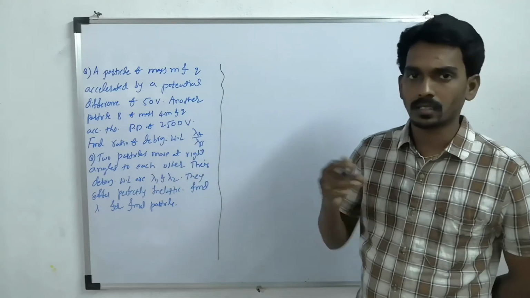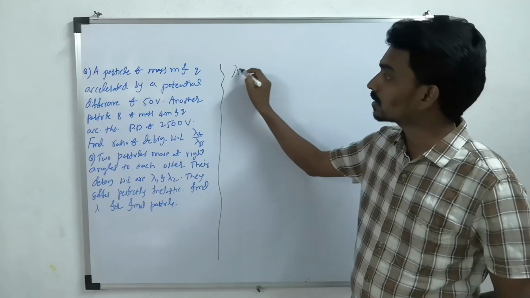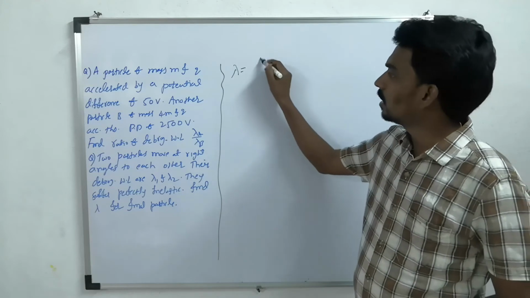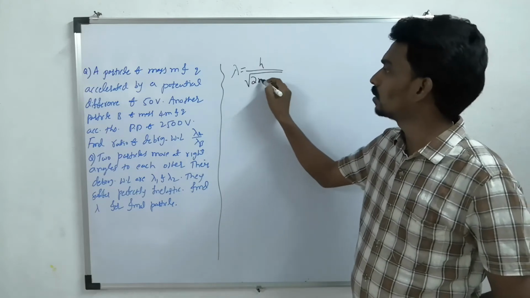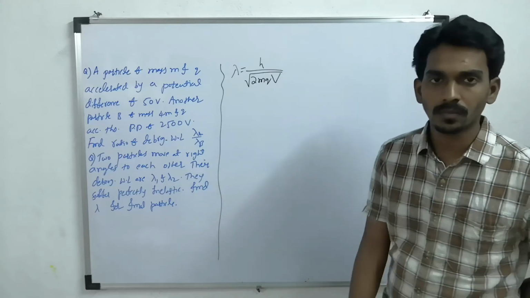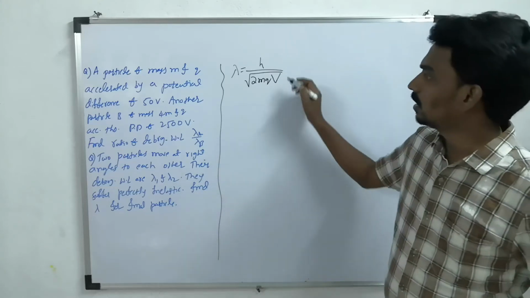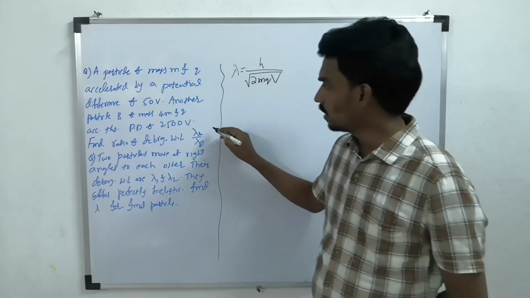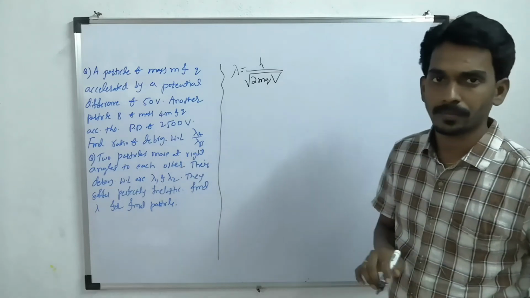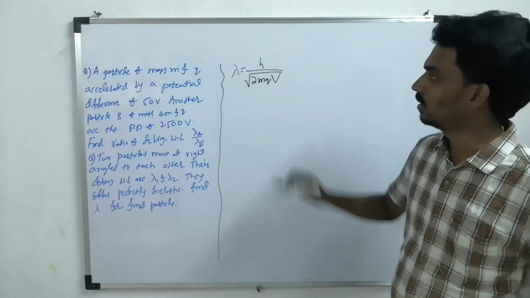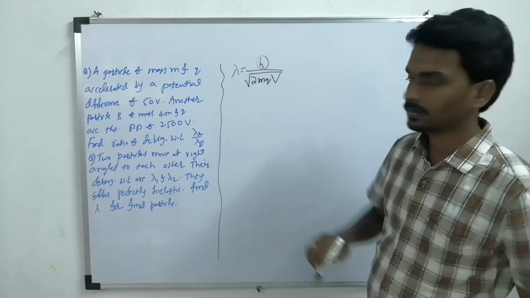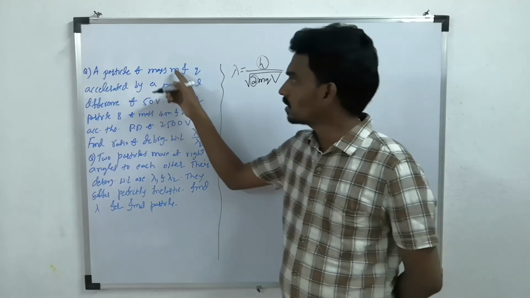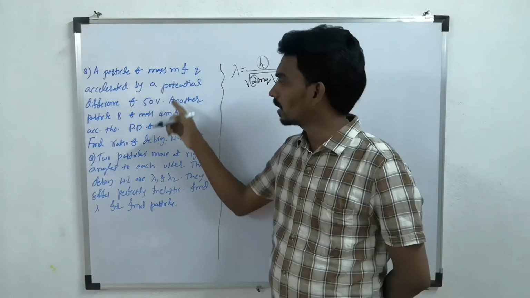Here a charge is accelerated, so the de Broglie wavelength formula is h by root of 2m qV. We don't have to substitute the h value here because they are asking for a ratio, so it will get cancelled. h is a constant and 2 is a constant, and the masses are different, m and 4m.